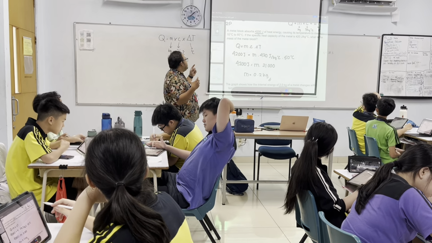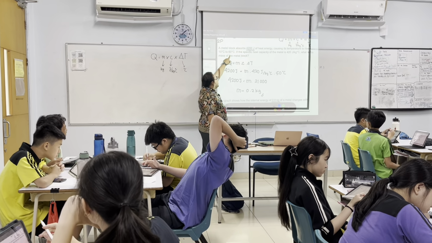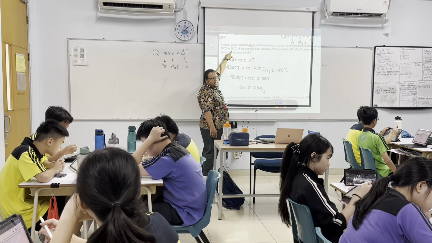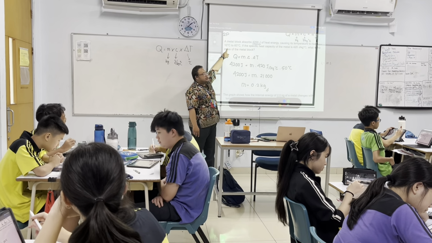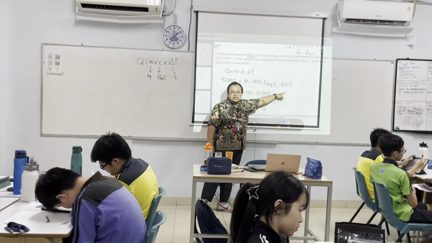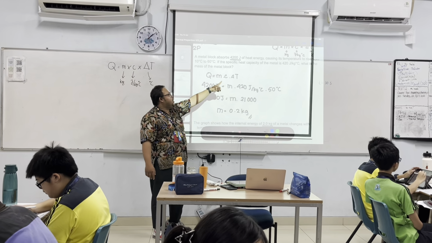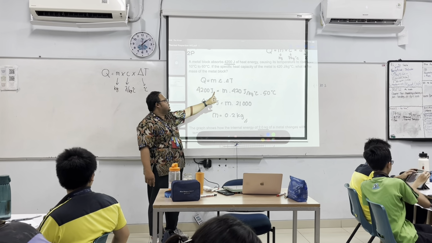And then the temperature raised from 10 degrees Celsius to 60 degrees Celsius. So it is 60 final temperature minus initial temperature. So the change of temperature is 50 degrees Celsius. Correct, students? And then the specific heat capacity is 420 joules per kilogram degree Celsius.